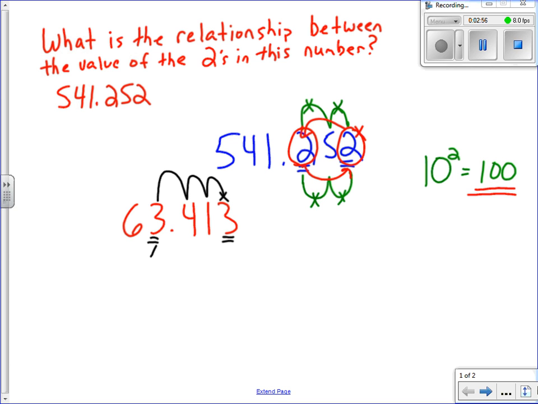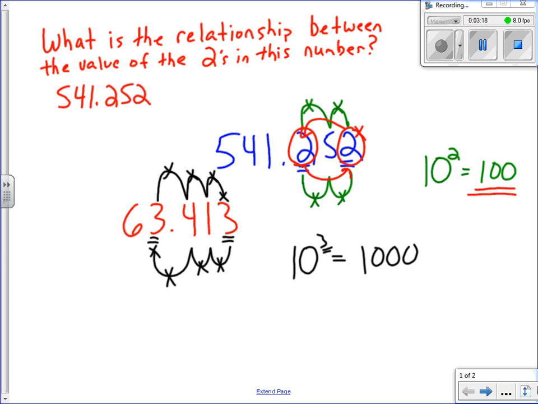And once again, it doesn't matter which way I go. If I start down here, I have 1, 2, 3. I have 3 humps either way. Now remember, the humps tell me what the exponent is in the power of 10. So in this case, it's 10 to the third, or 1,000. Remember, the exponent tells me how many zeros I have.